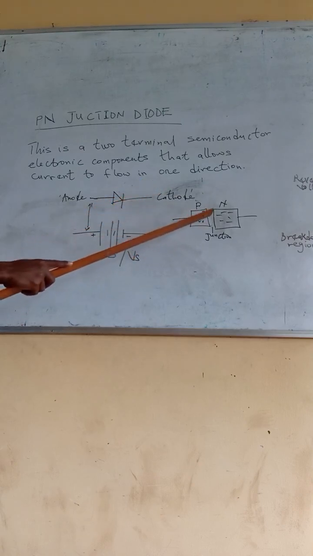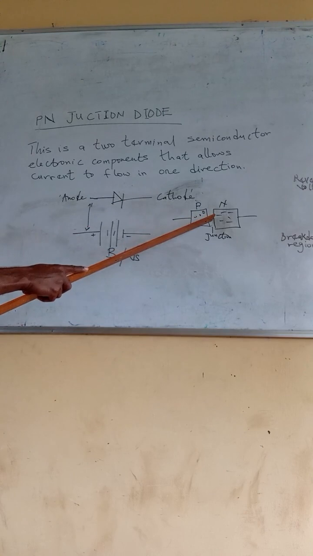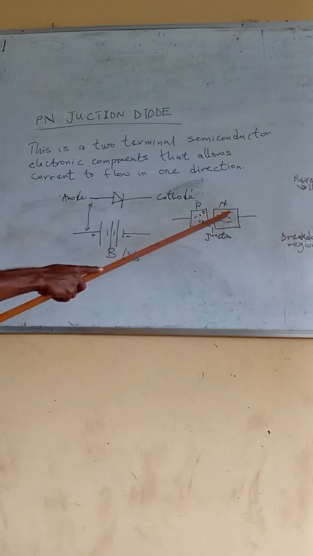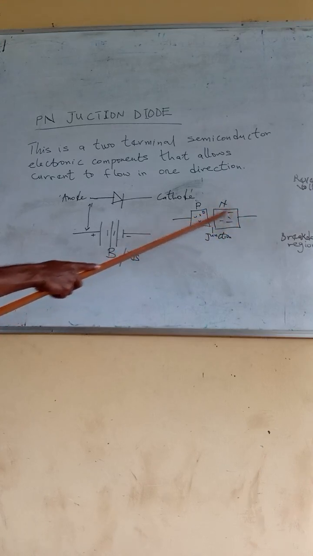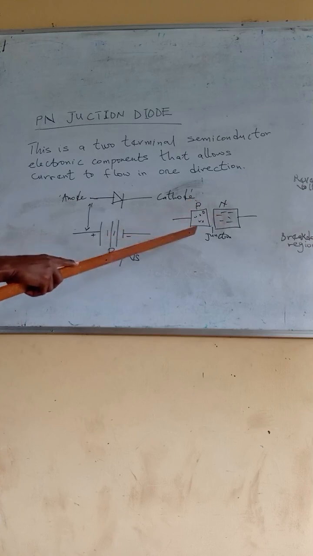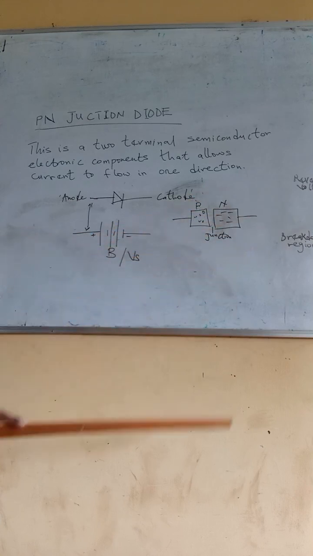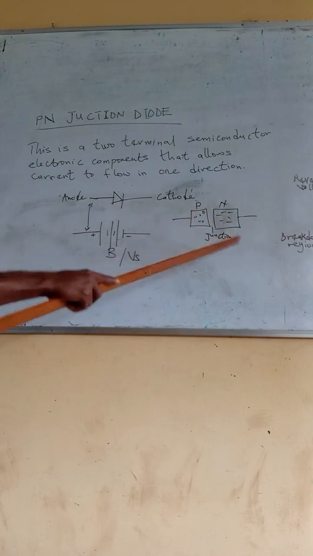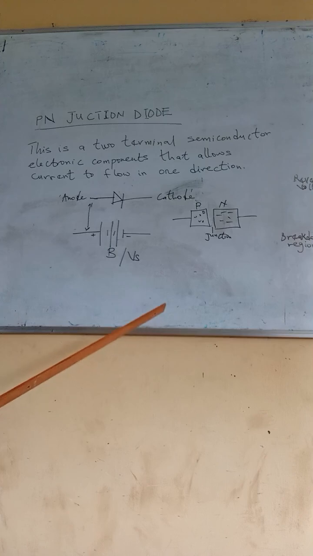In that case, it will widen the junction and make the depletion junction even wider. It will not enable the electrons and the holes to move closer. In such a case, the electrons will not be able to move and current will not flow. It means that the PN junction will not allow current to flow in reverse bias condition.